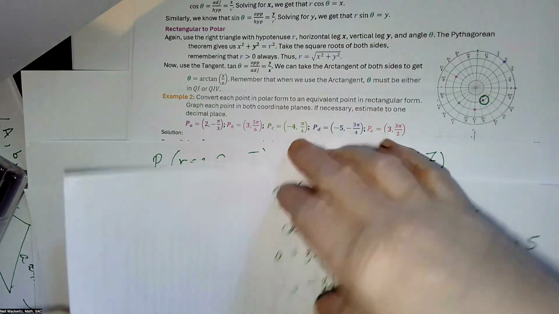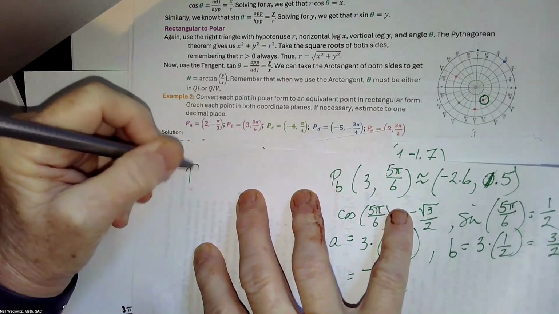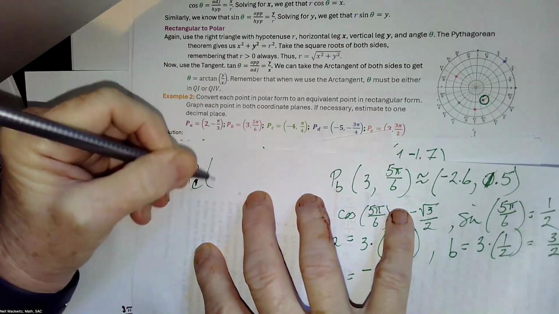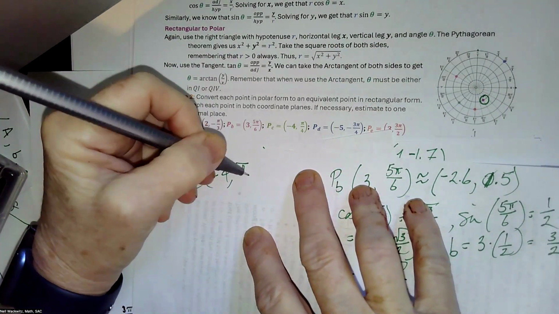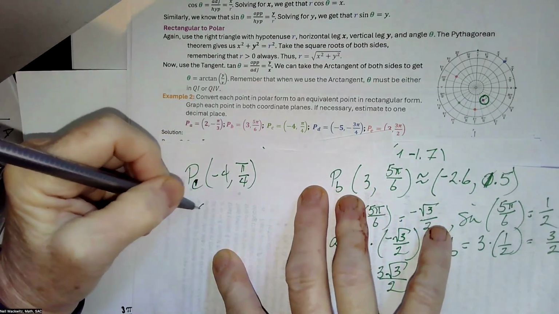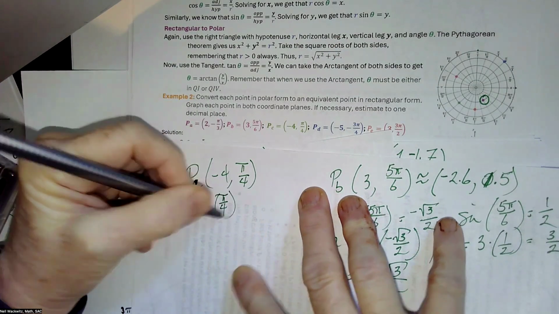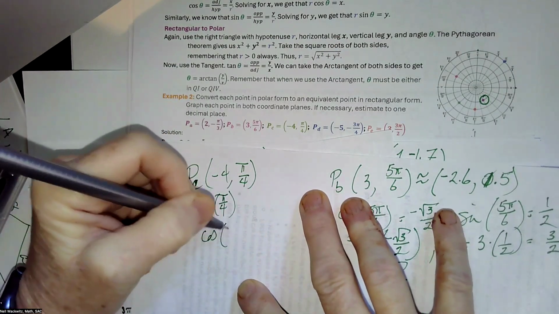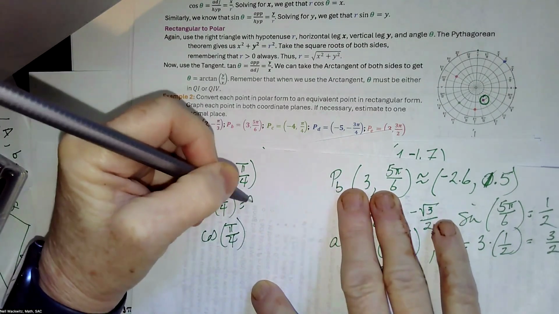Point C is (-4, pi over 4). What are the sine and the cosine of pi over 4? Square root of 2 over 2. Good.